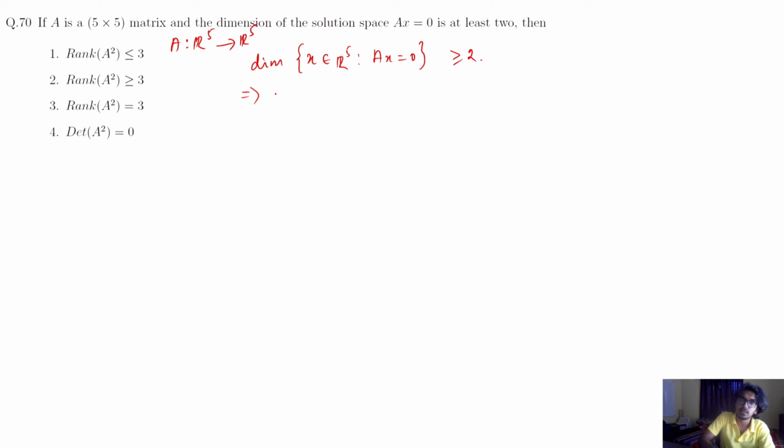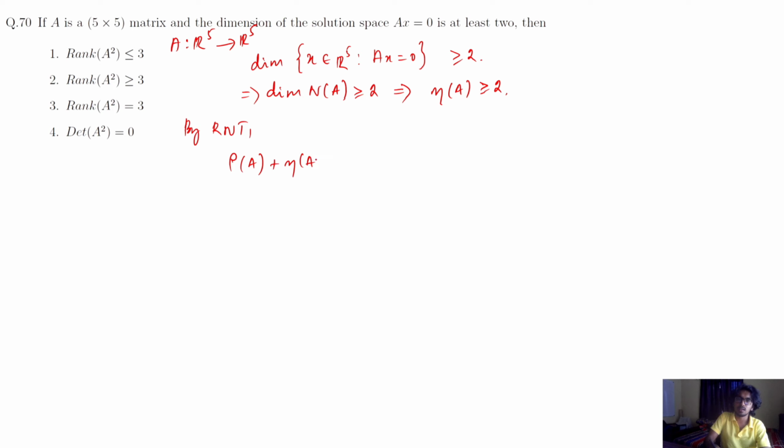What is it? It is the dimension of the null space of A, which is given to be bigger than or equal to 2. This means nullity of A is bigger than or equal to 2. Now, by rank-nullity theorem, what do we have? Rank of A plus nullity of A is 5. What is rank of A?